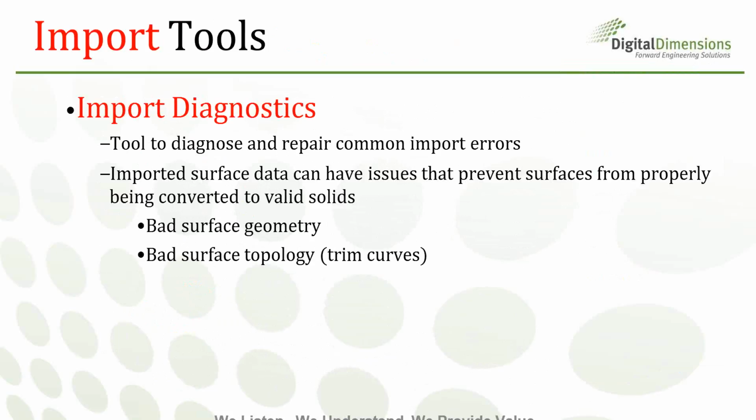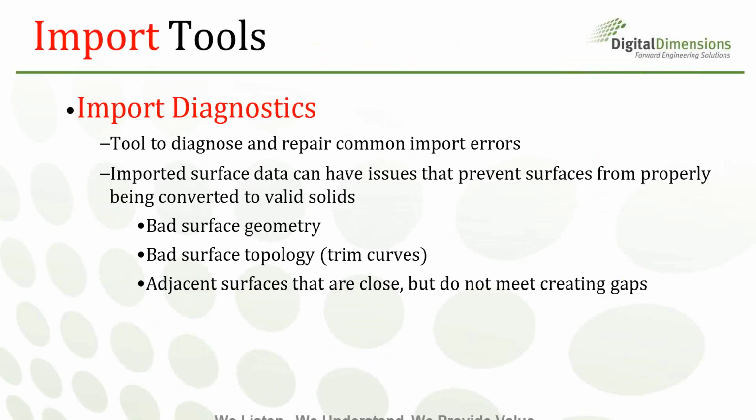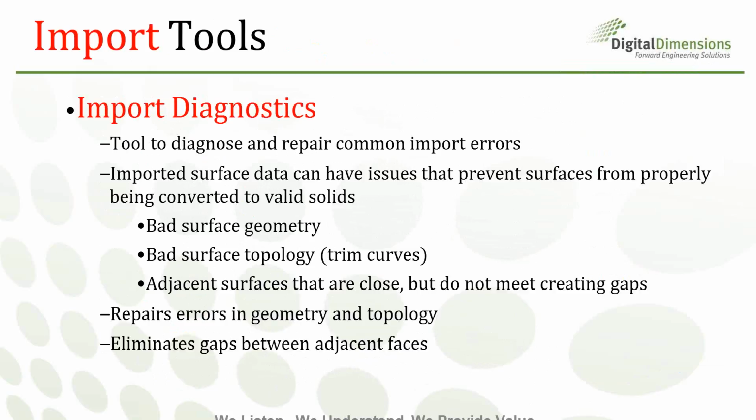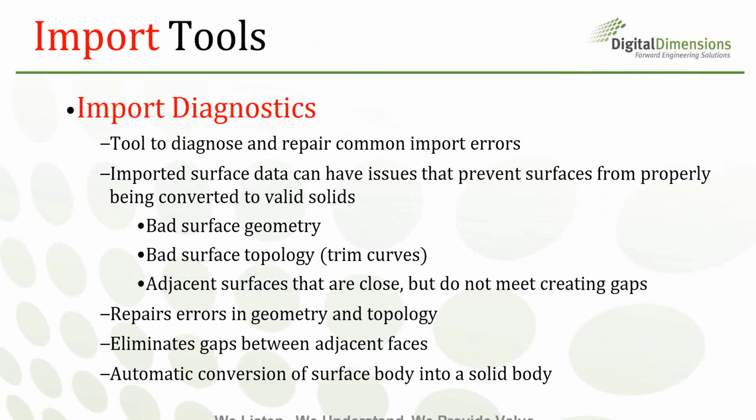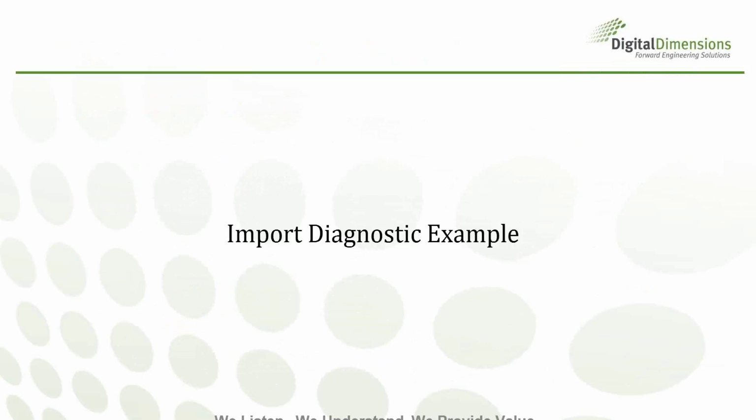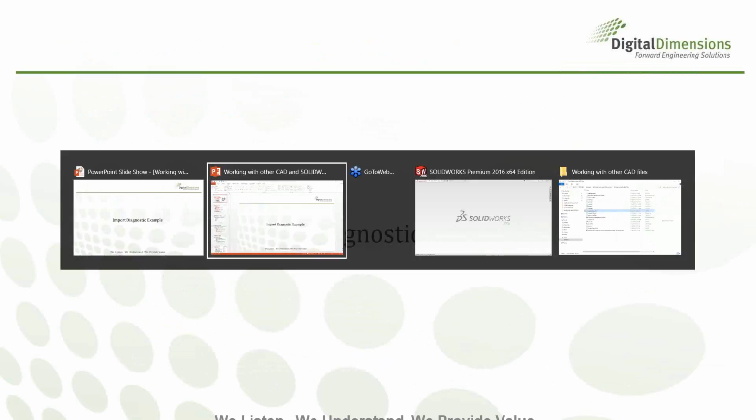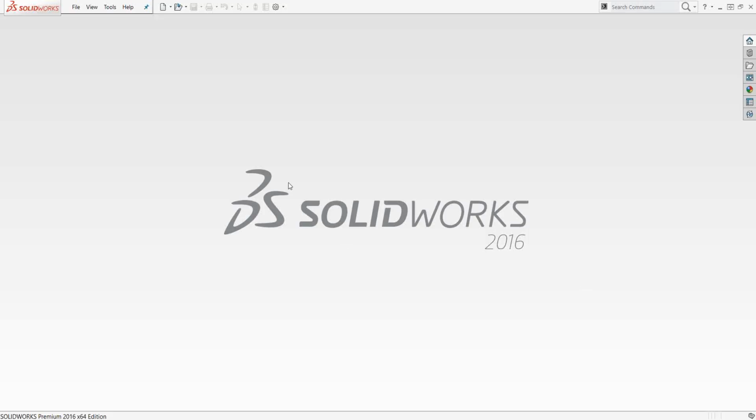These are things like bad surface geometry, bad surface topology, or maybe your adjacent surfaces are close and you have gaps created. This allows you to repair those errors in the geometry and topology, eliminates gaps between adjacent faces, and it also has the ability to convert a surface body into a solid body. So let's take a look at this tool and see how easy it is to work with.